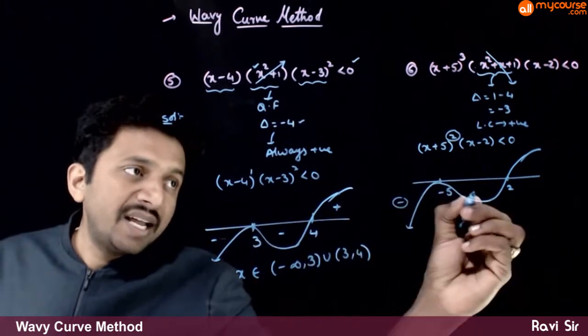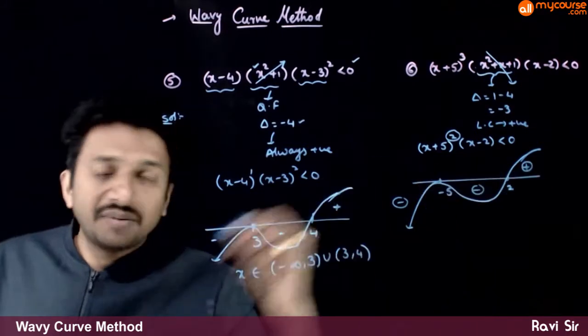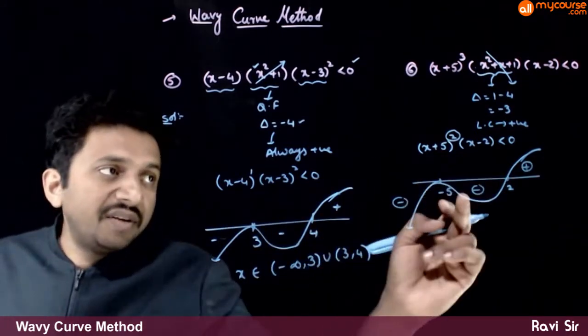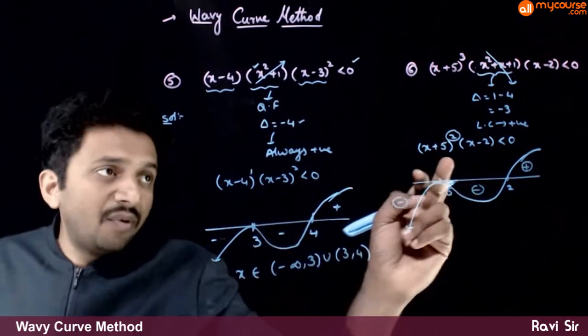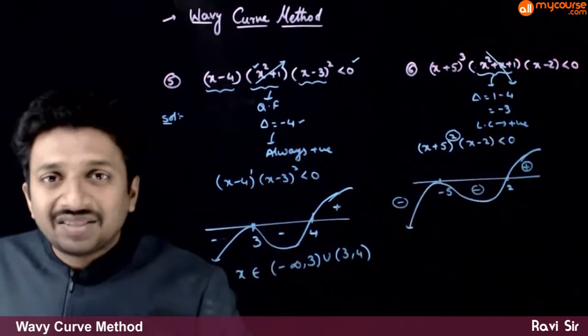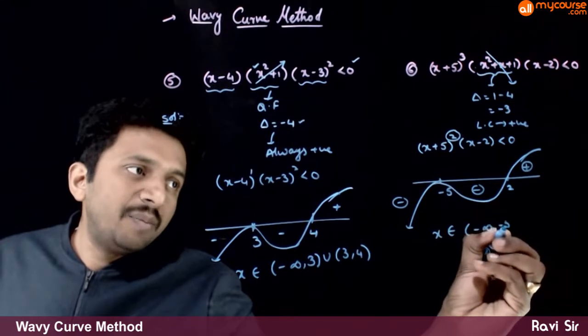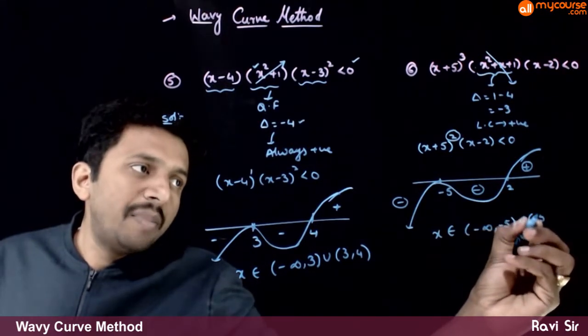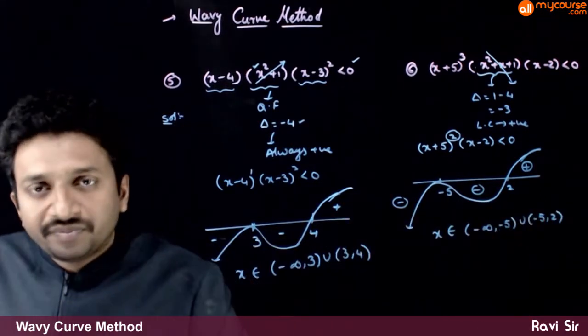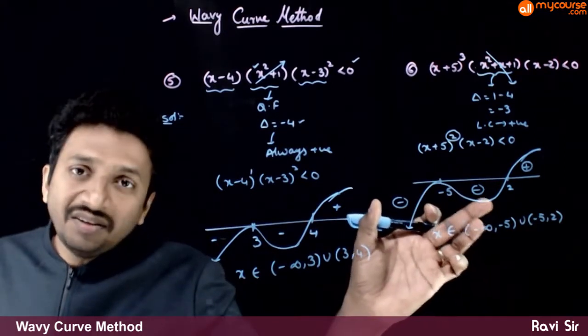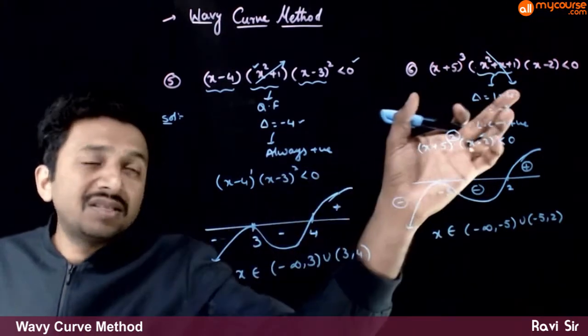So negative, negative, positive. I want my inequality to be less than 0. So x belongs to minus infinity comma 5 union 5 comma 2. This is the solution to this inequation.